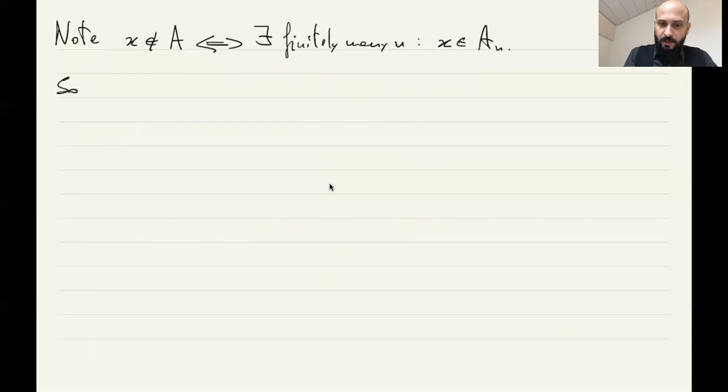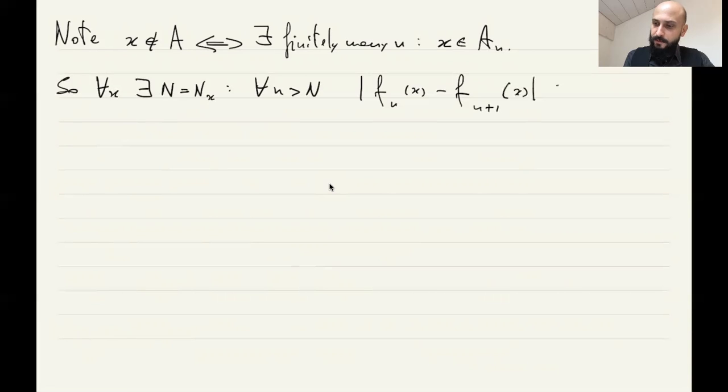So for all x there exists N, depending on x, such that for all n greater than this N, x is not in A_n, which means that the value of the difference is less than 2 to the minus n. So for fixed x, this sequence forms a Cauchy sequence. This means that f_n(x) as a sequence in R is Cauchy.